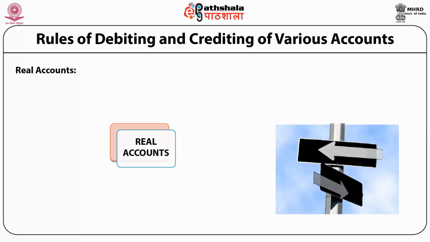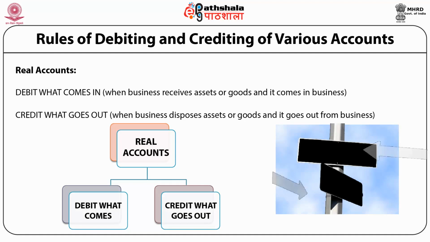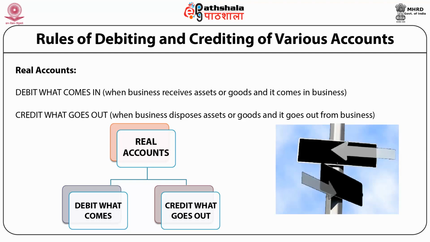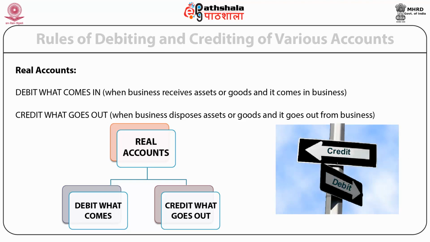For real accounts, the rule of accounting is debit what comes in and credit what goes out. So you have to debit the things which are coming into the business, and you have to credit the things which are going out of the business.